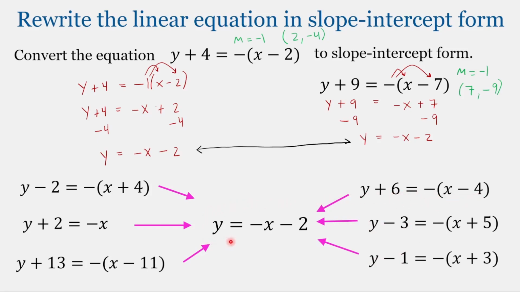But when you rewrite it in slope-intercept form, you end up with one equation, one equation that represents the relation between x and y. So typically, if you have an equation written in point-slope form, you'll want to convert it to slope-intercept form.